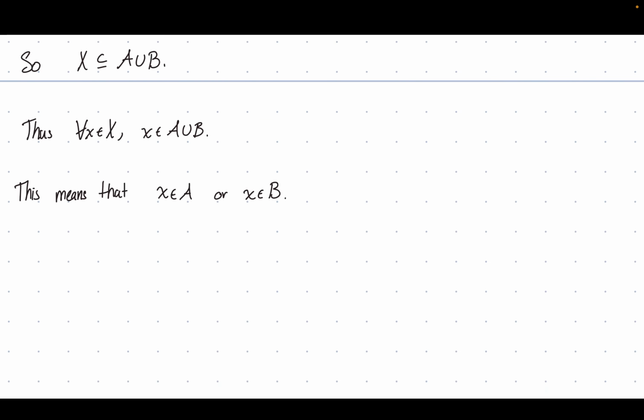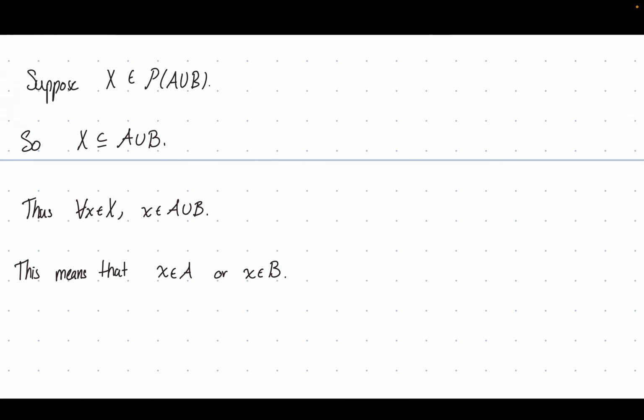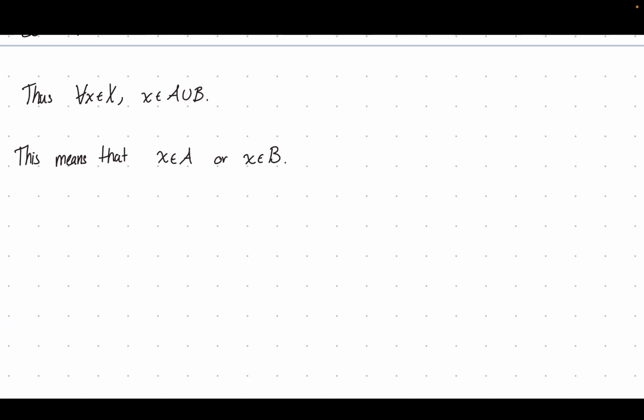And now what we're trying to show is that this somehow leads to either X being a subset of A or X being a subset of B.